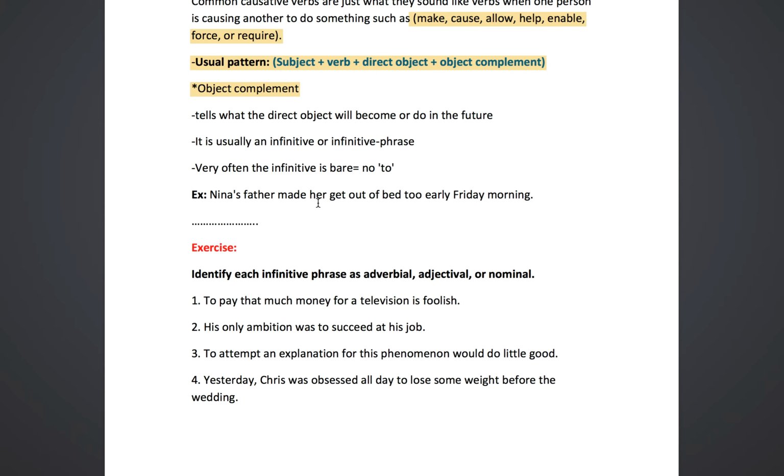We also need to complete the meaning of this object, so we need the object complement. The object complement here is an infinitive phrase. How do we know? We have get, which is a verb, but the to is bare and omitted.